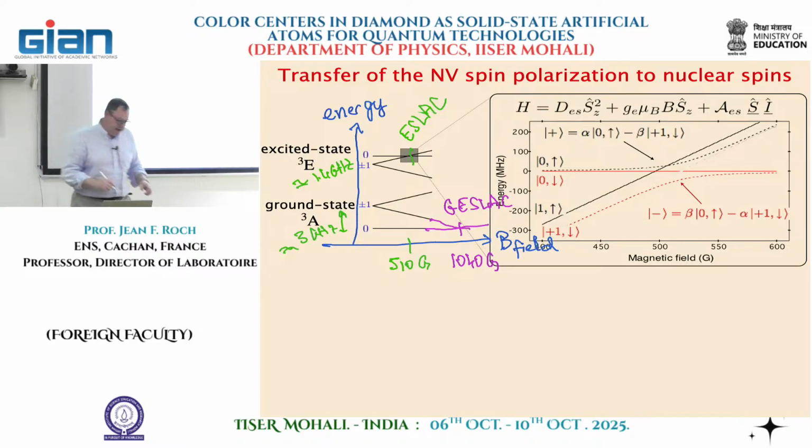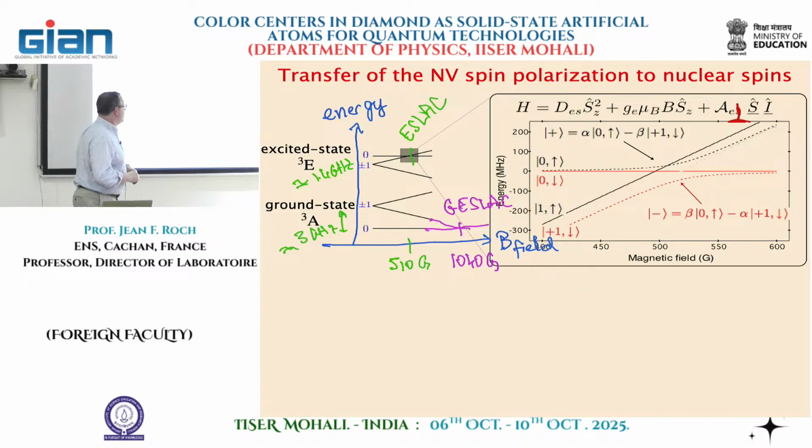What happens is that here I have the coupling, I should have changed the notation, this is the coupling A perpendicular. The coupling A perpendicular will mix the states. It mixes the electronic spin up together with the perpendicular component of the other spin. So what happens in that case?